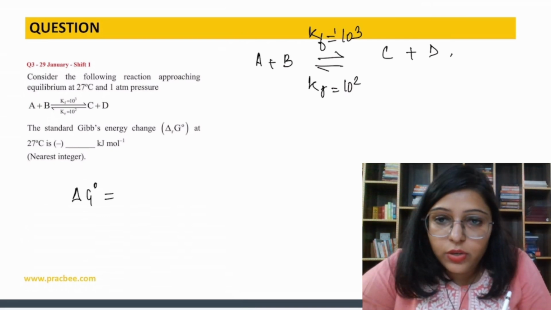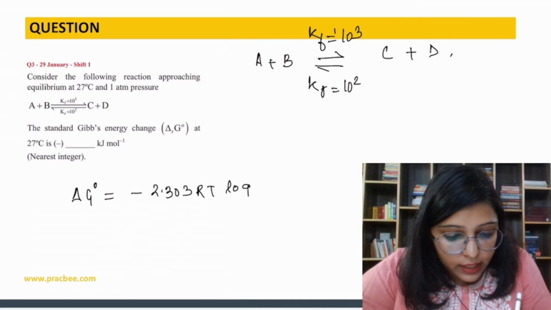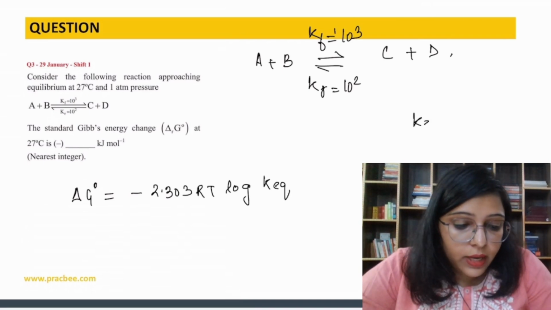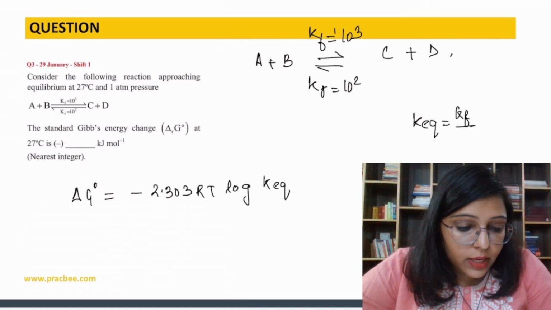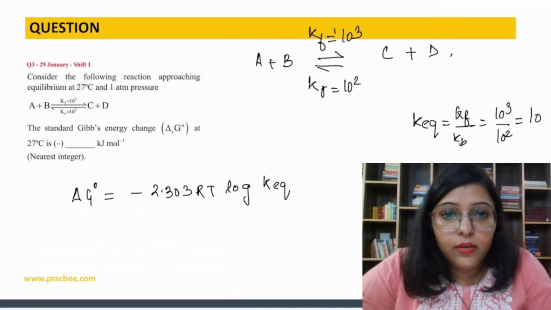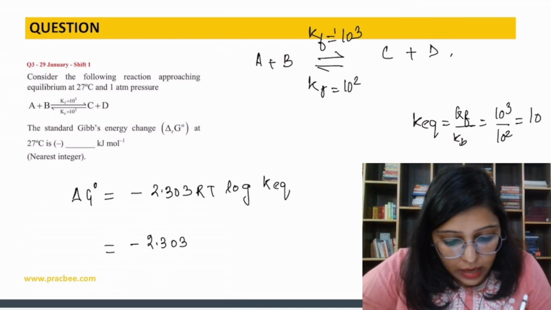Delta G naught is equal to minus 2.303 RT log K equilibrium. Now first we have to find out K equilibrium. So K equilibrium is equal to Kf upon Kb, which is 10 to the power 3 upon 10 to the power 2, that is 10.